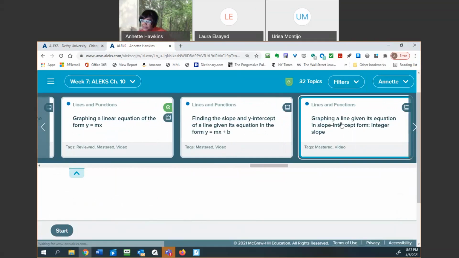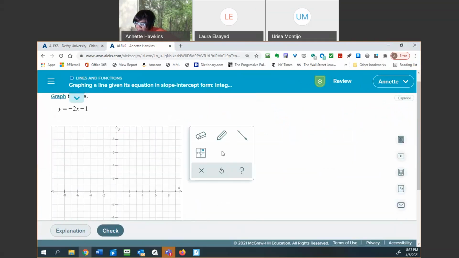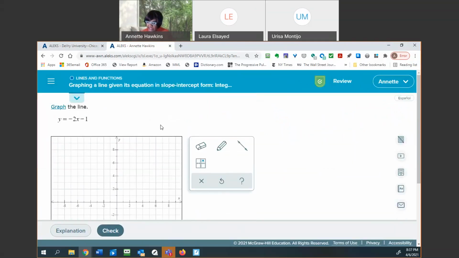Here we go. It says graph the line, and this is in slope-intercept form.